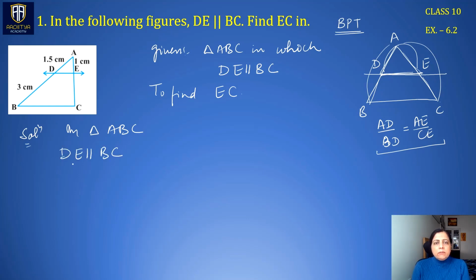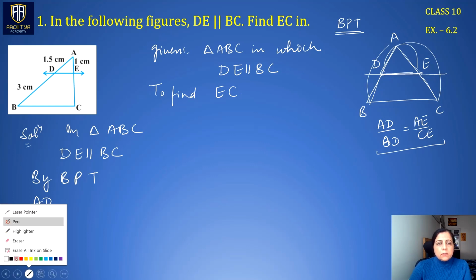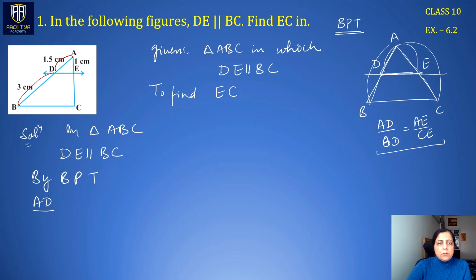So in a triangle, if one line is drawn parallel to one side, it divides the opposite sides in the same ratio. So by BPT, or the basic proportionality theorem or Thales theorem, we can write AD upon BD, AE upon CE.